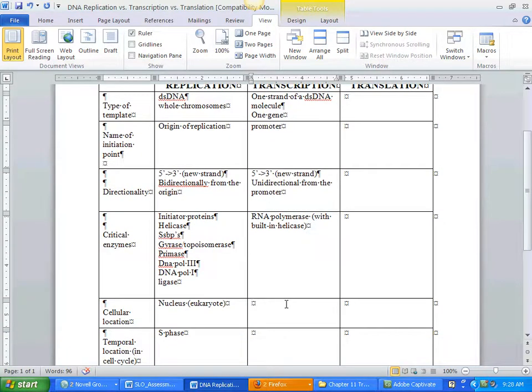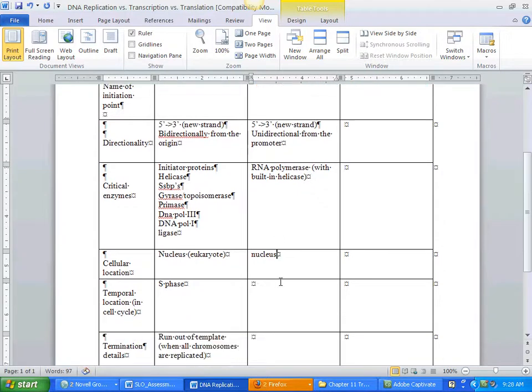The cellular location of transcription, that is the same as DNA replication. It's going to be the nucleus for a eukaryote. For a prokaryote, it would be the nucleoid region. Temporal location, this is a little harder.